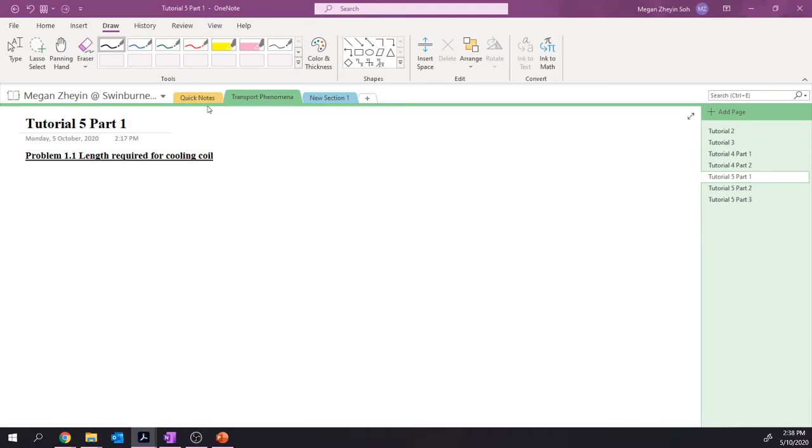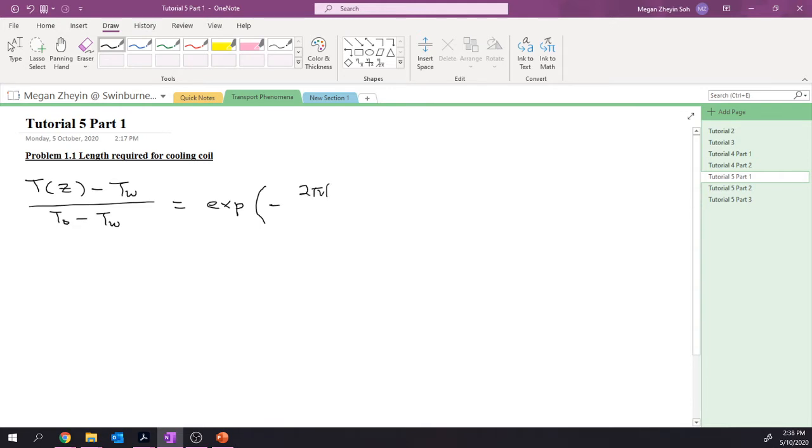Now you have been given that (Tz minus Tw) divided by (T0 minus Tw) equals the exponent of negative 2 pi R h z over V0 A rho Cp.